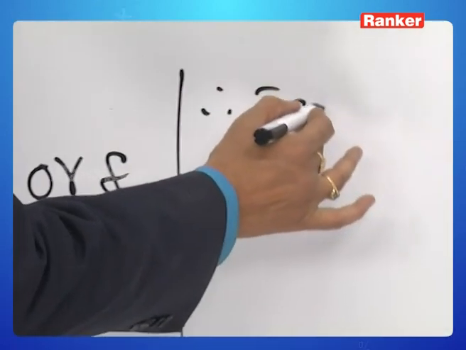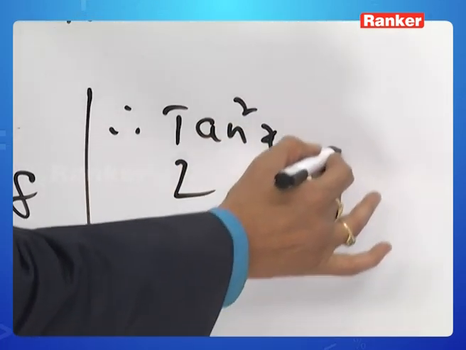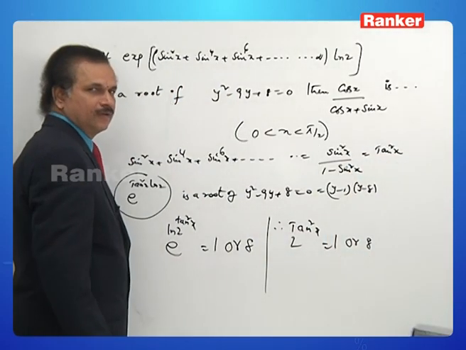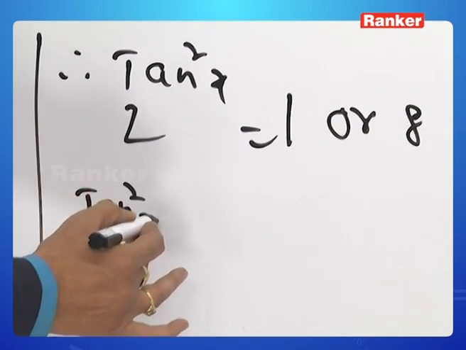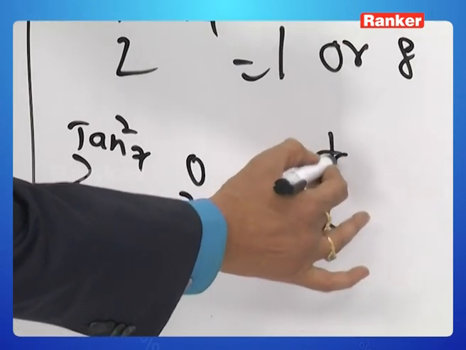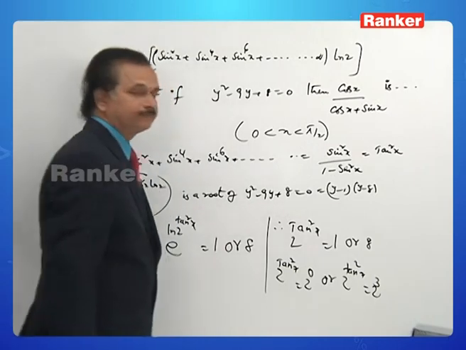Therefore, 2 power tan square x is equal to 1 or 8. Therefore, 2 power tan square x is equal to 2 power 0 or 2 power tan square x is equal to 2 power 3.